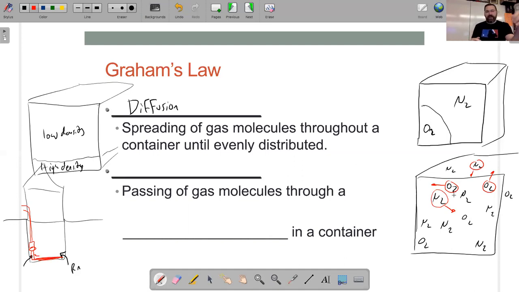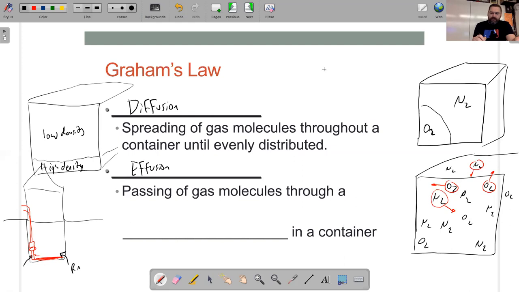The other issue is about how gases can move through pores and small openings. That is the principle of effusion. And the only real difference between effusion and diffusion, besides the small difference in spelling, is, well, there's a couple different issues.